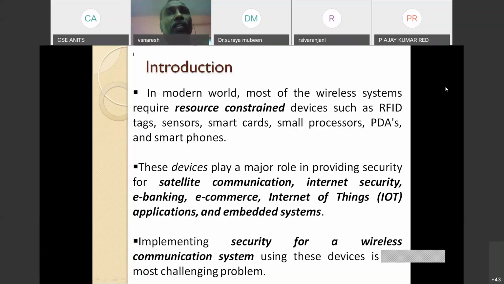But you are going to deal with resource constraint networks, which means very little computational power and communication power. Implementing security for wireless communication systems using these resource constraint devices is the most challenging problem.